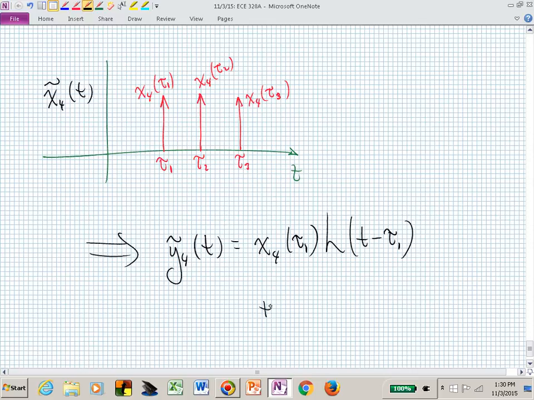What else do we have? Well, we need to add the other 2 in. The second one now is x sub 4 of tau sub 2. That's the weight. And what's the h? T minus tau sub 2.